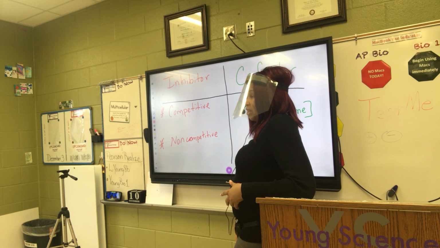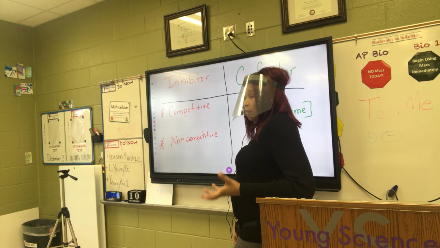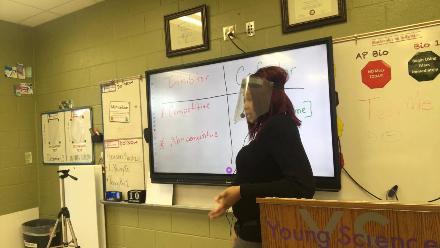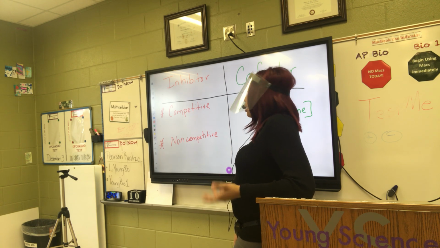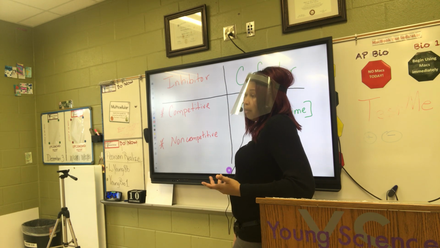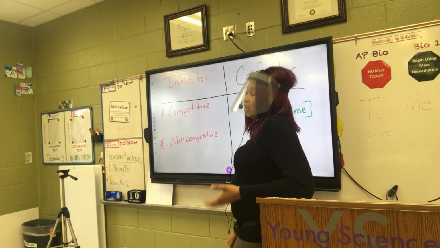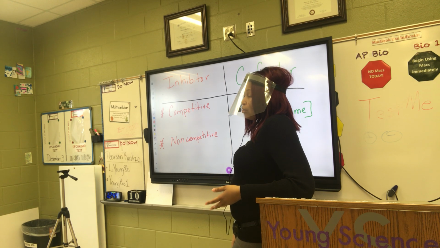So the structure of the inhibitor is going to be very similar to that of the substrate, and it competes with it for the active site. And if it's bound to the active site, then the substrate cannot. Now, you can overcome competitive inhibition by increasing the amount of substrate, because that increases the chances that the substrate will get to the active site first.